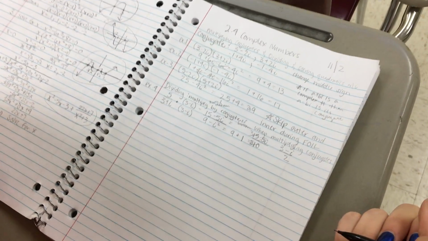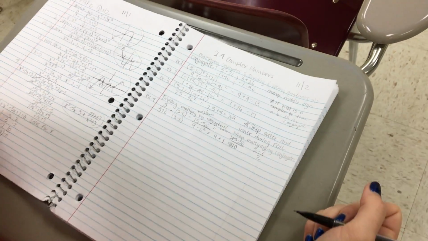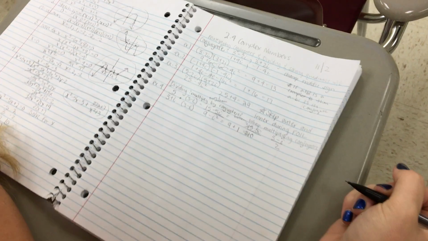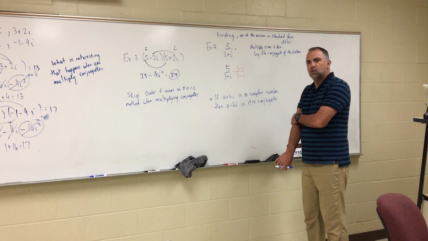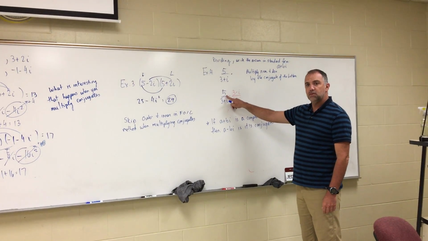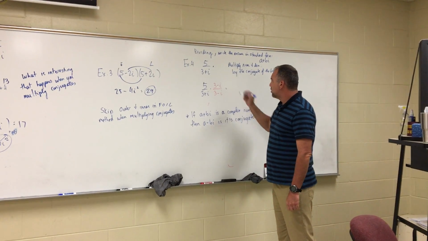Feel good about it? I still have a fraction. Okay, I'll show you how we'll get rid of that. But do you have the I in the numerator? Okay. So it looks like you got 3 minus I on the top. Did you multiply by 5? Yeah, the bottom's 10. Very good.